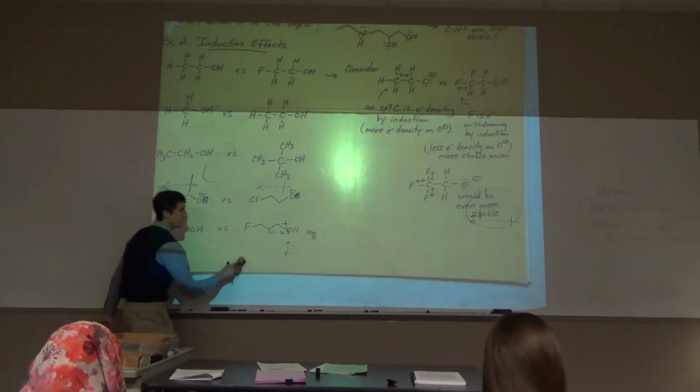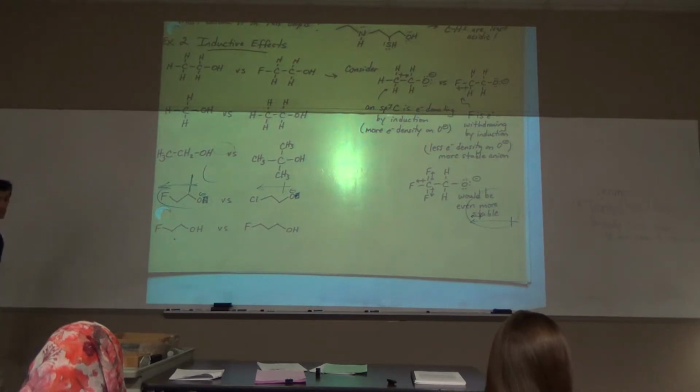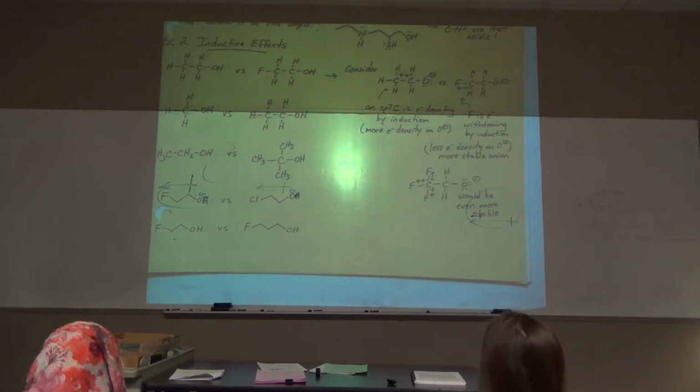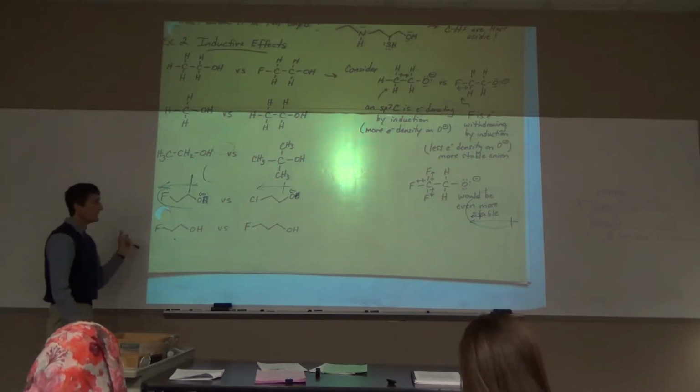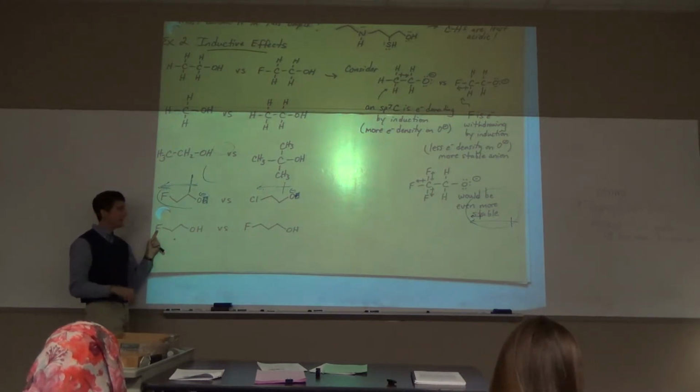How about down here? Which is more acidic, left or right? Now when you're doing tug of war, it doesn't matter how long the rope is. Any pulling here is going to affect way over there. In chemistry land, the effect of the electronegative atom does tail off and diminish as you get further away.